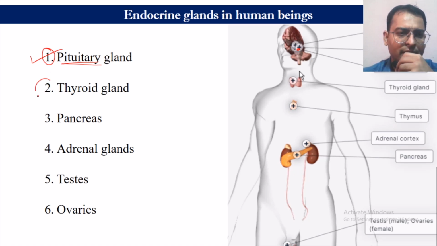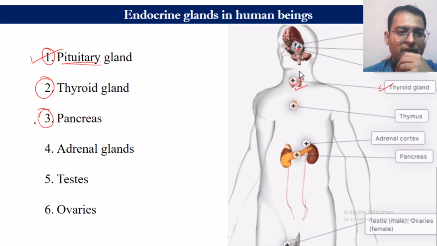Next, the thyroid gland. These days we come across a lot of people suffering with thyroid problems, so it's very interesting. We will look into what the thyroid gland is.